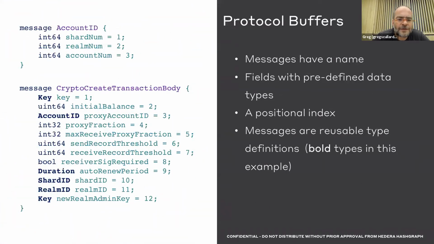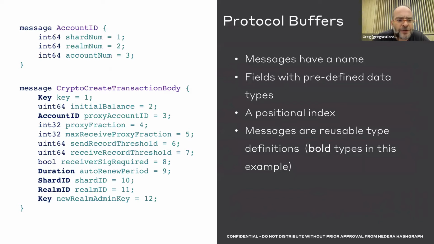So let's look at some protocol buffer message definitions. Messages have a name. So in these examples, I have a message called account ID, and I have another one called crypto create transaction body. Bit of a mouthful, that one. Protobuf calls them messages. To me, they're data structures to start with, and they become messages when you exchange them between two endpoints.